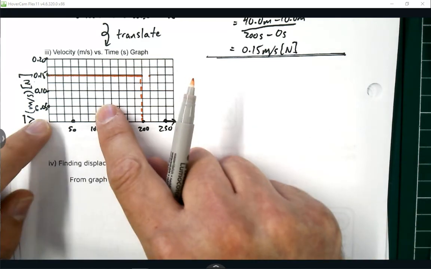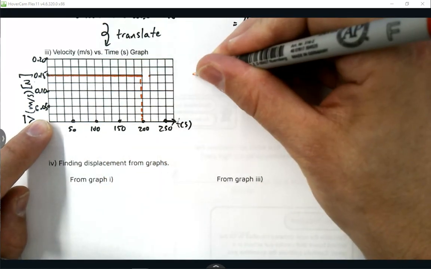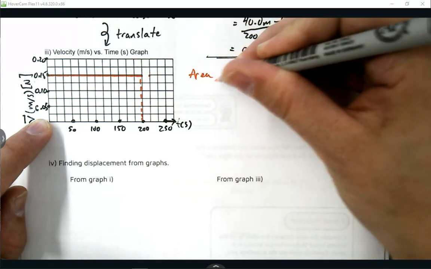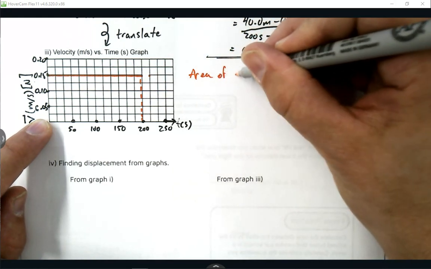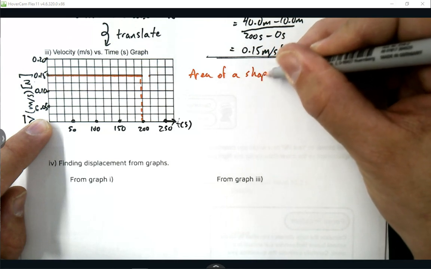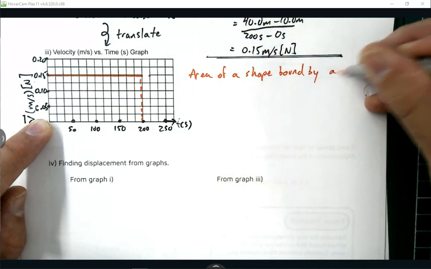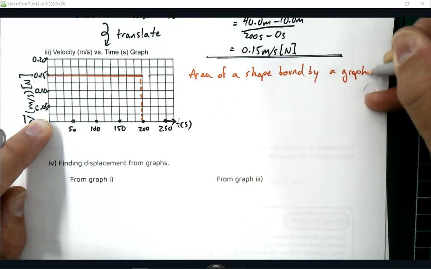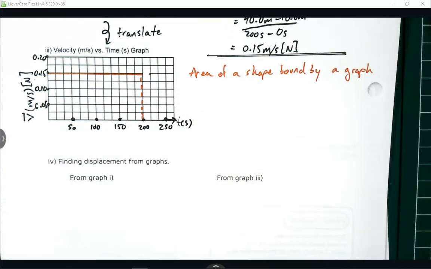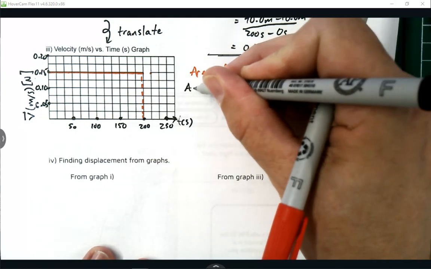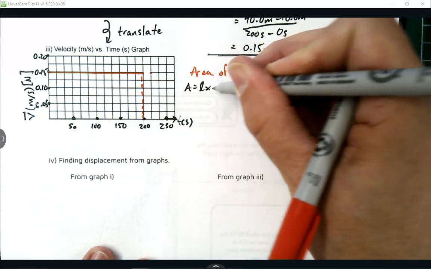So the area here, well, we all know that the area has a formula. Area of a shape bound by a graph. The area for this shape, which is a rectangle, is equal to length times width.